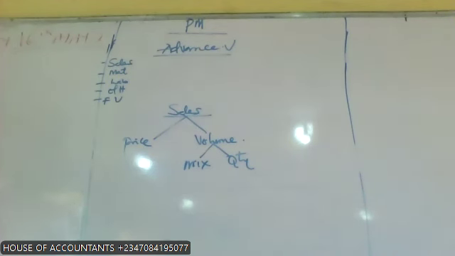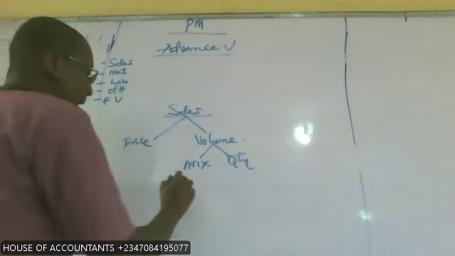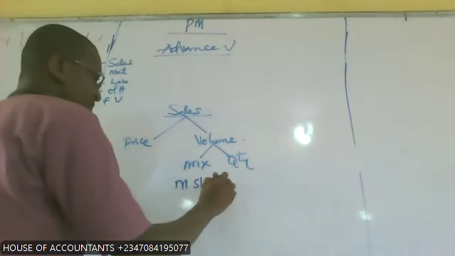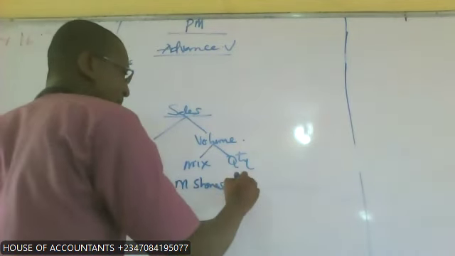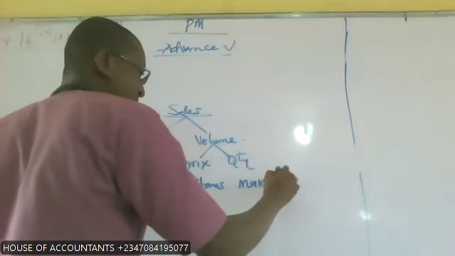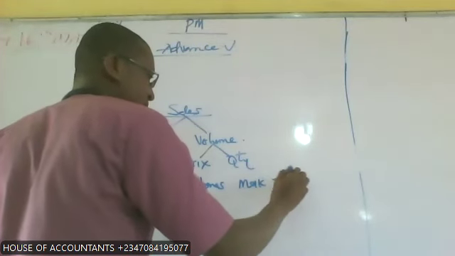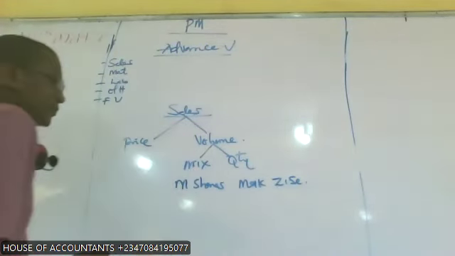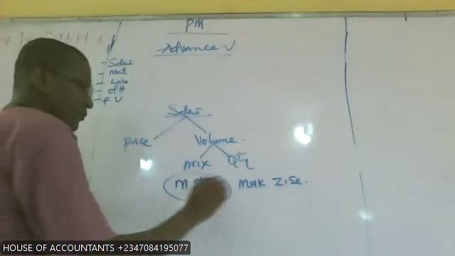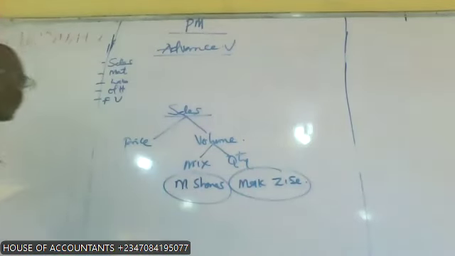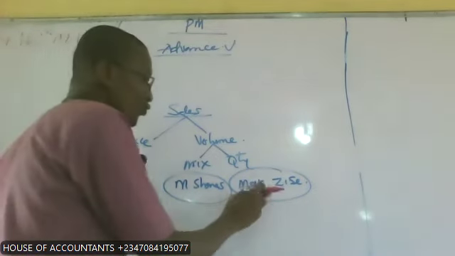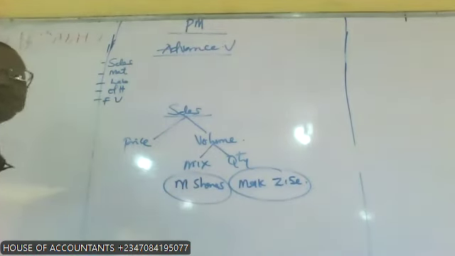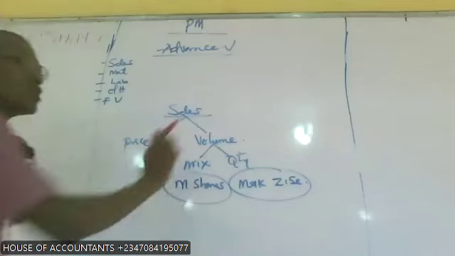Now, with some questions, they may not call it mix and quantity. They may call it market share and market size. They are just talking about the same thing. Addition of these two will give you volume.